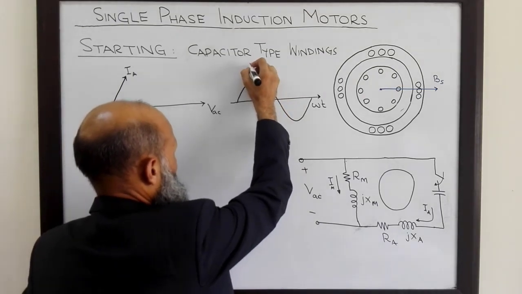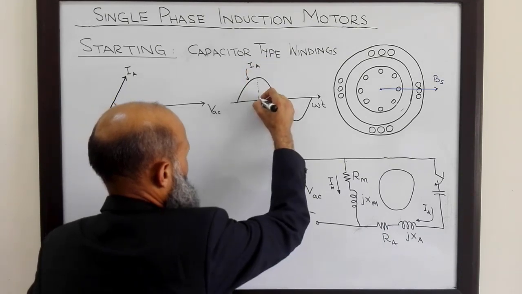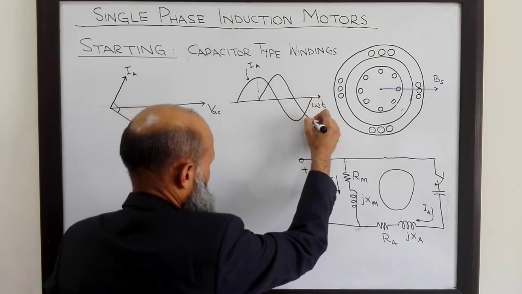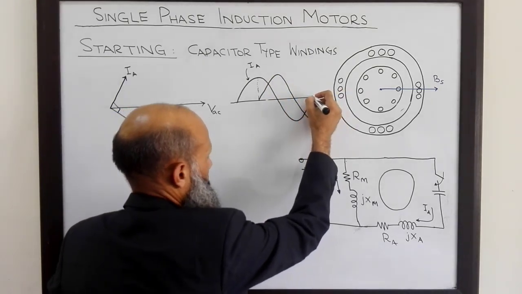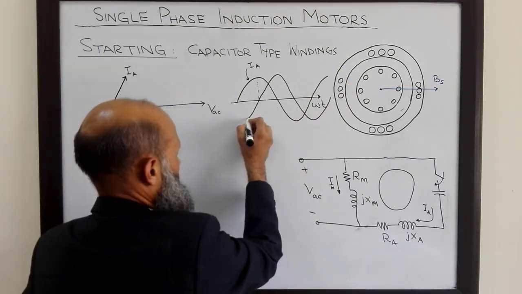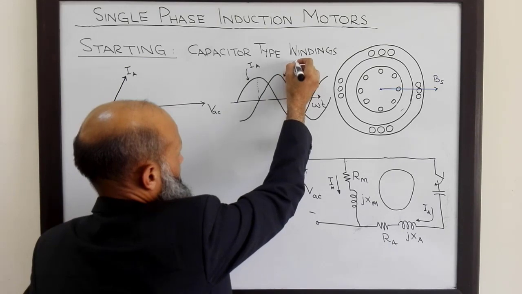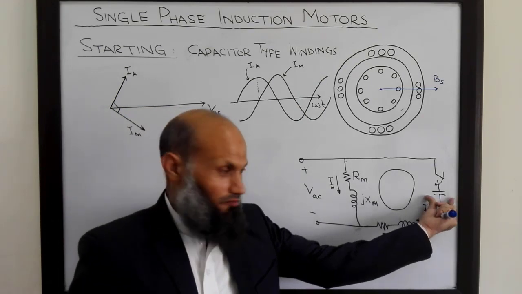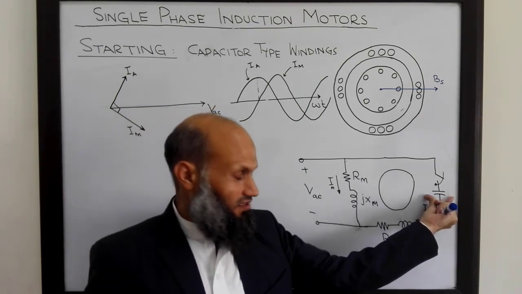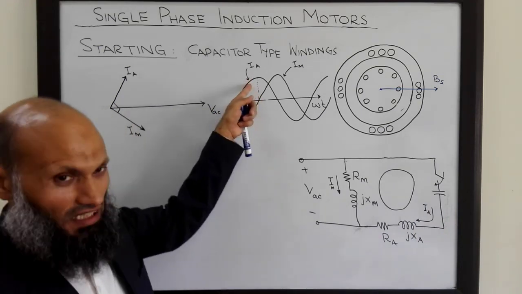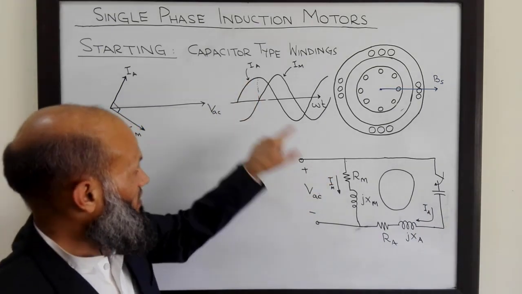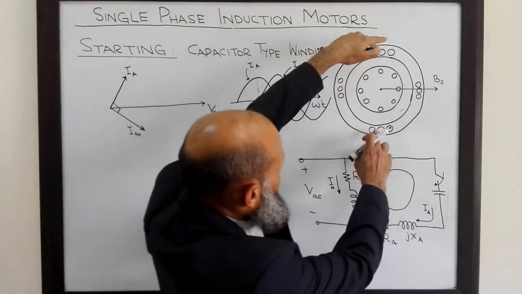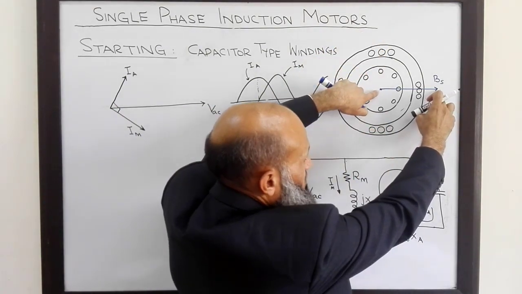This current is Ia, and this current is Im. This resistance and capacitive reactance are adjusted such that this current Ia will lead this current Im by an angle of 90 degrees.